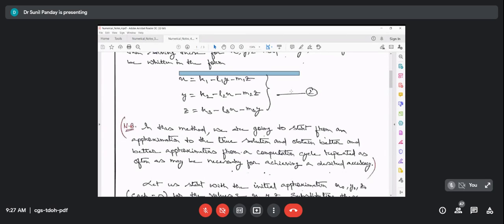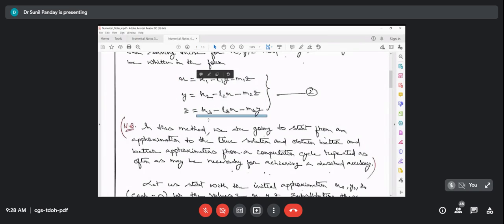Then you can rewrite it like x equals minus 1 minus x square, and then you say minus 1 minus x square is your iterative function phi of x, and on the left x you write x(k+1), and on the right, in phi of x(k), instead of x you write x(k). So here this becomes the iterative procedure.